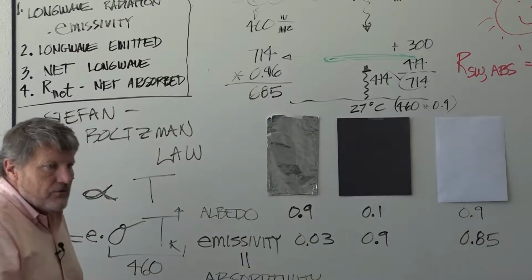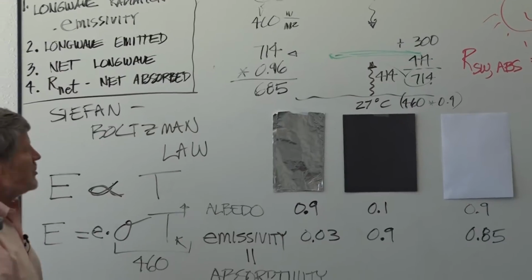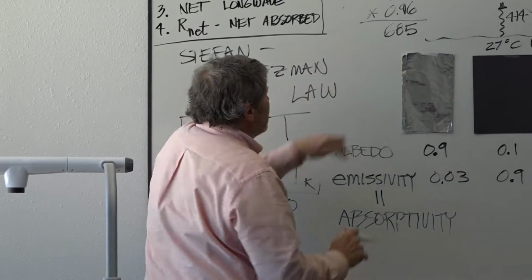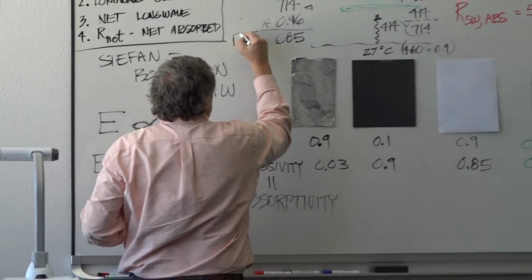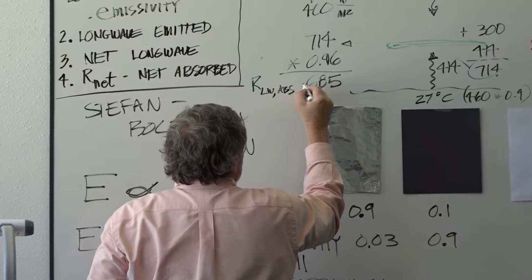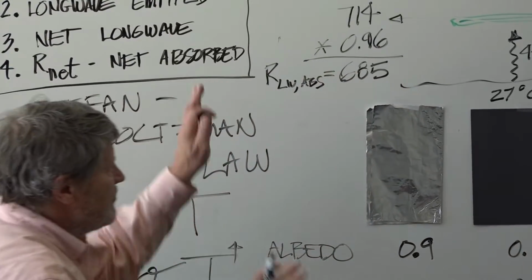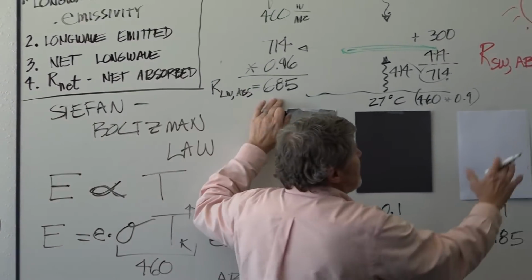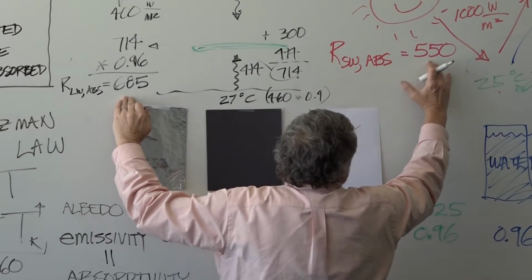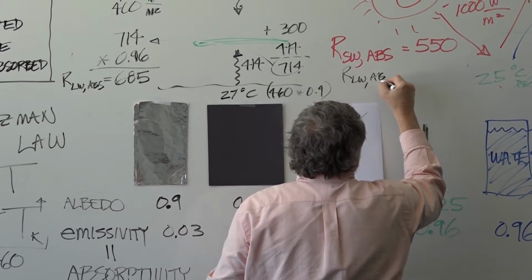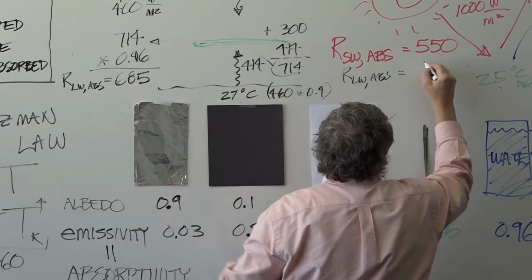And that number is the energy absorbed by the leaf in long wave. This is radiation, long wave, absorbed in this example. Now we sum that, 685 with 550. Here are long wave absorbed, 685.